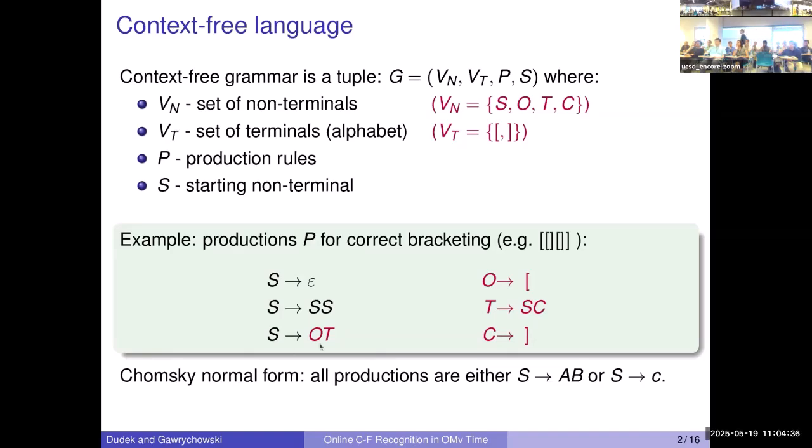There will be non-terminals O and C, standing for the opening bracket and closing bracket, and P, something temporary in the middle. So it slightly changes: we have more non-terminals, the same terminals, but the grammar is the same. From now on we'll think that the grammar is in Chomsky normal form.